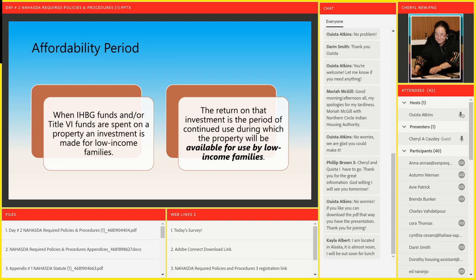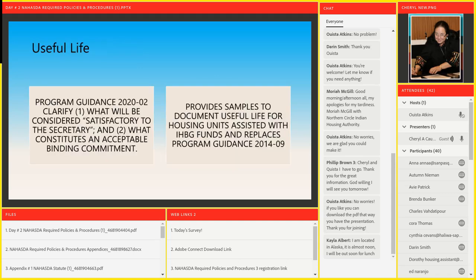Your affordability period. When your Indian Housing Block Grant funds and or Title VI funds are spent on a property as an investment to be made on the behalf of a low-income Native family, the return on that investment is the period of continued use during which that property will be available for use by low-income Native families.